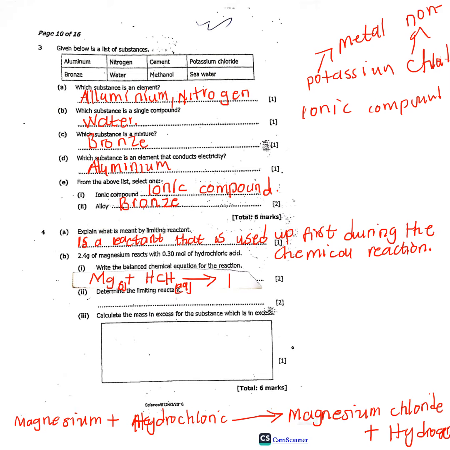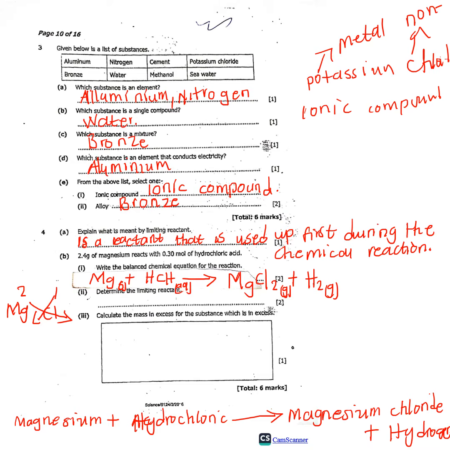Then we are going to get magnesium chloride. Mg has a valence of 2, chlorine has a valence of 1, so if we use the cross method, we are going to get MgCl2 plus hydrogen. Hydrogen is a diatomic gas and must have a 2.